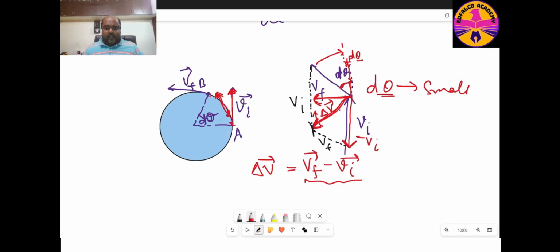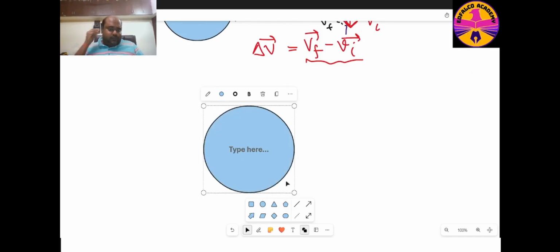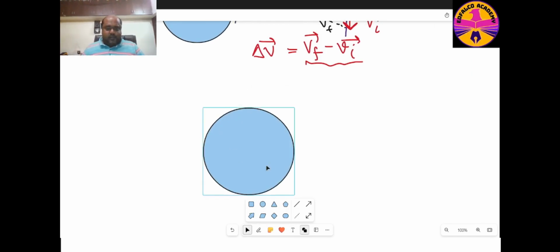Let me draw it properly again so that it is clear. Suppose this is my circular motion path, and this is one point, and there is another point which is lying very close to it, right? So this is point A, this is point B. This one is in this direction.